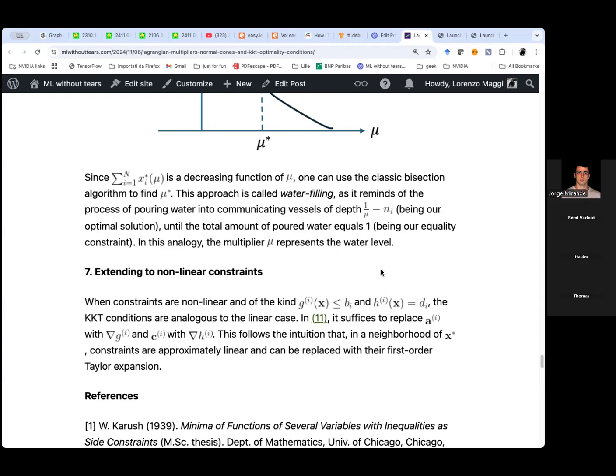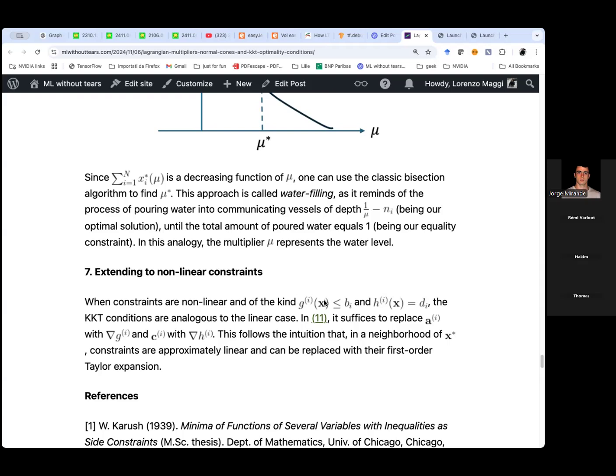So basically, we can perform the first Taylor expansion of this function and get back to the initial expression, and everything holds the same.